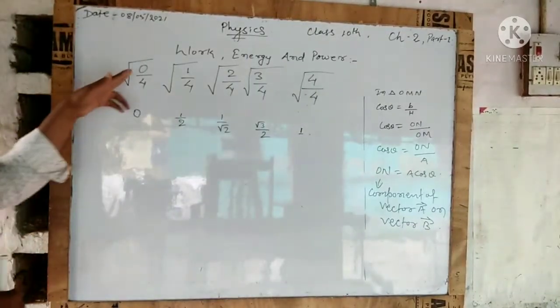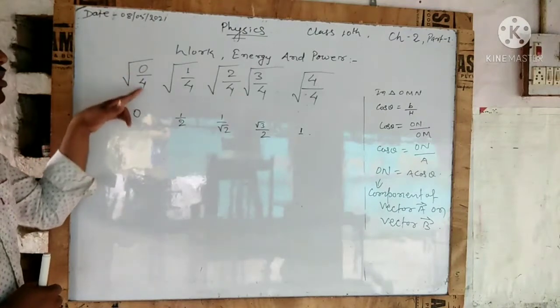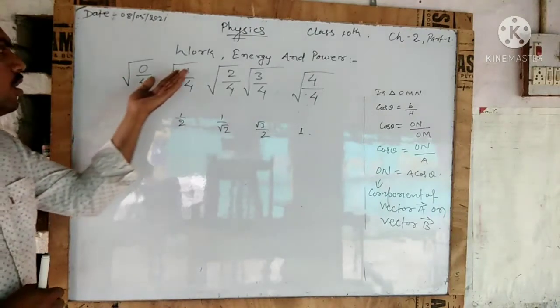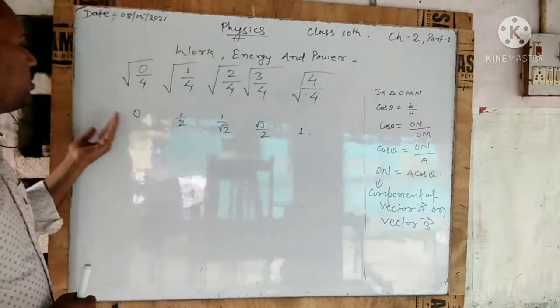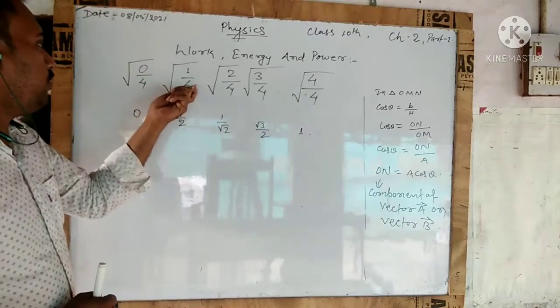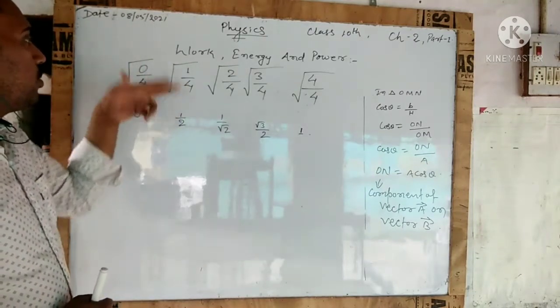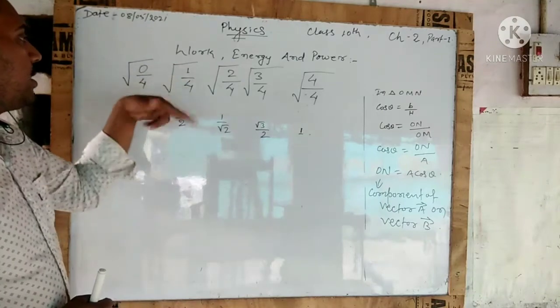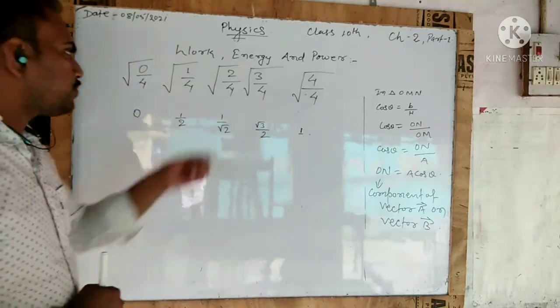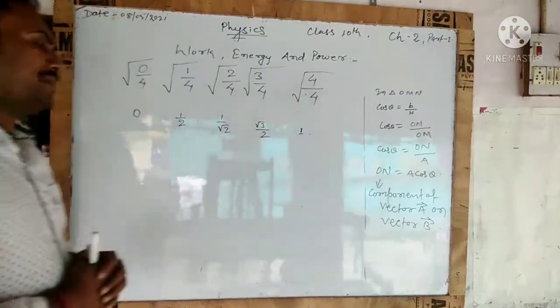Now finding this value: 0 by 4 is 0, so root of 0 is also 0. 1 by 4, root of 1 is 1 and root of 4 is 2. Similarly I get the others.